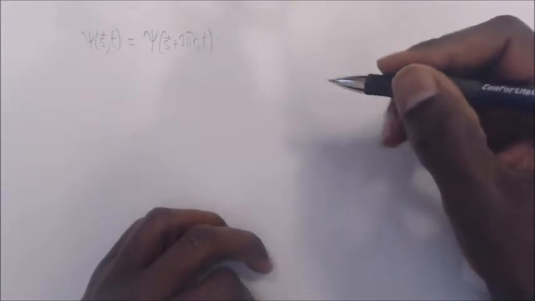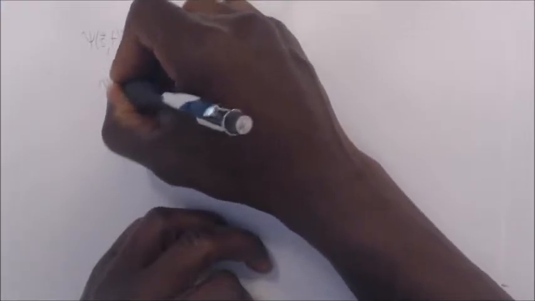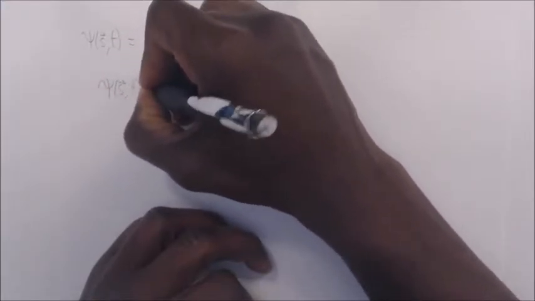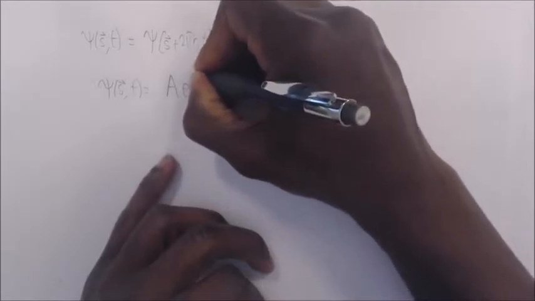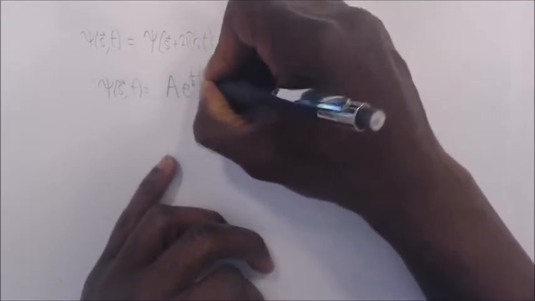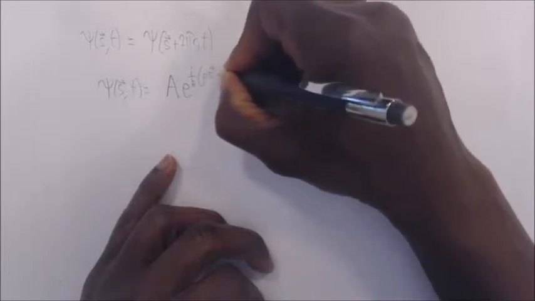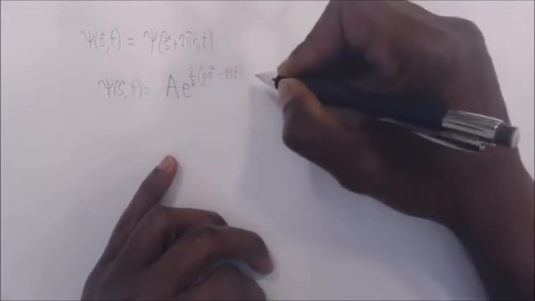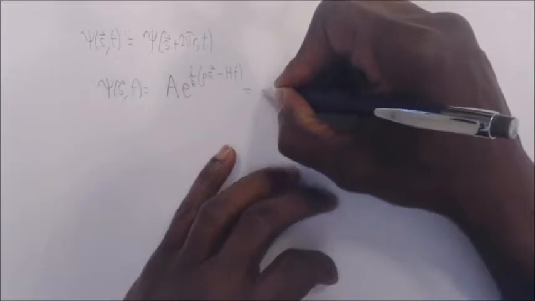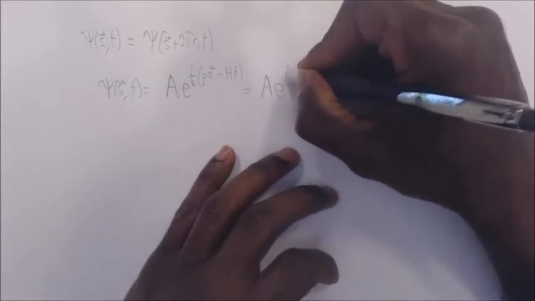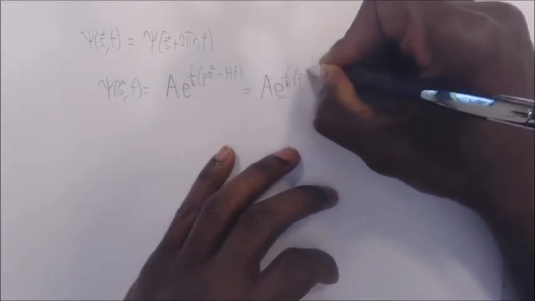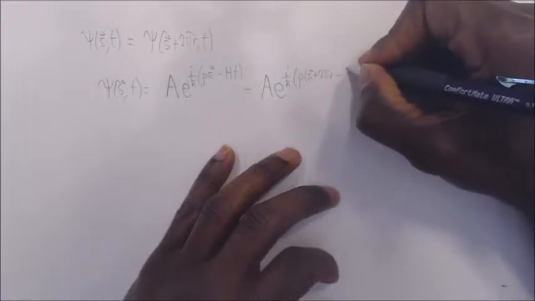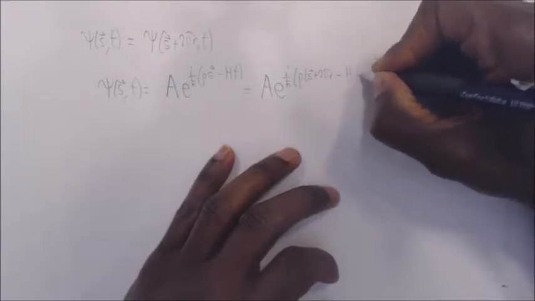And so now if we let the wave function psi of S comma t be equal to A times e to the i over h bar times (p times s minus H times t), that must be equal to A times e to the i over h bar times (p times (s plus 2 pi r) minus H times t).